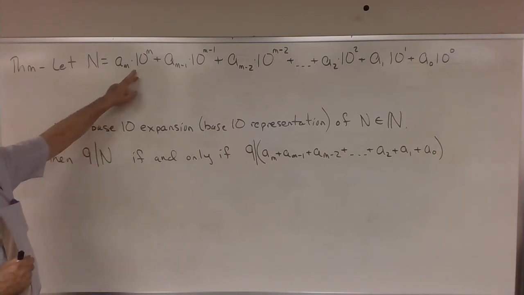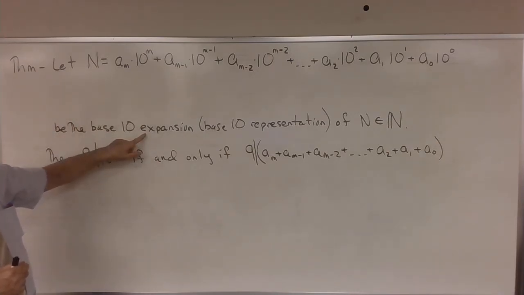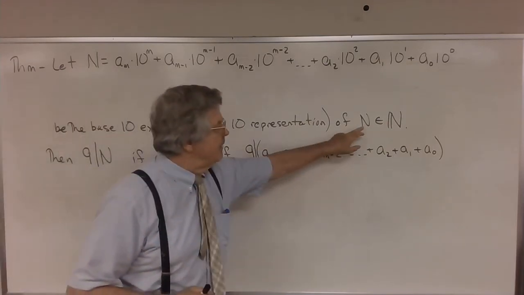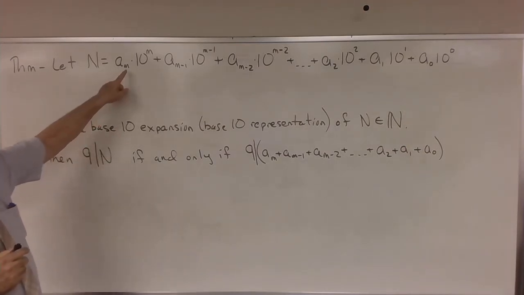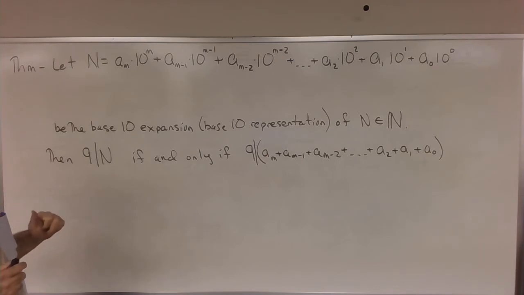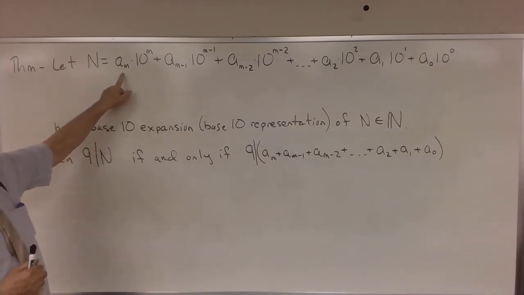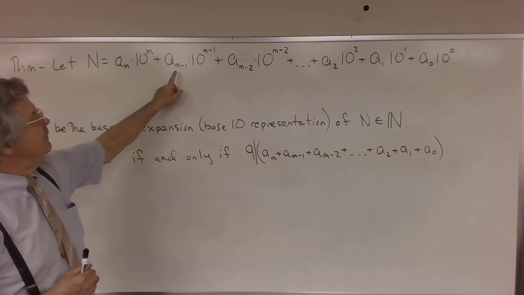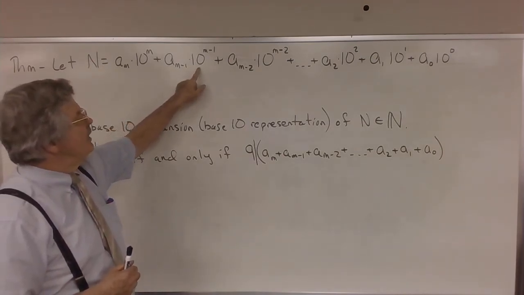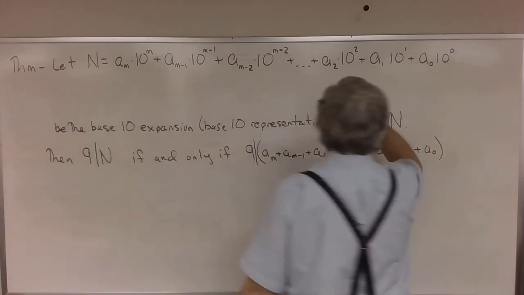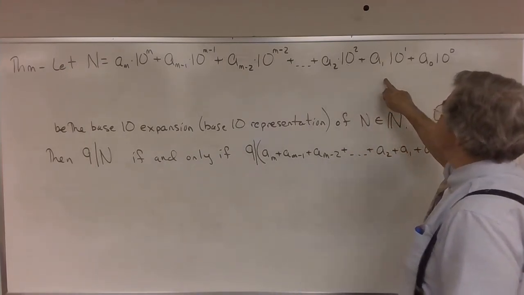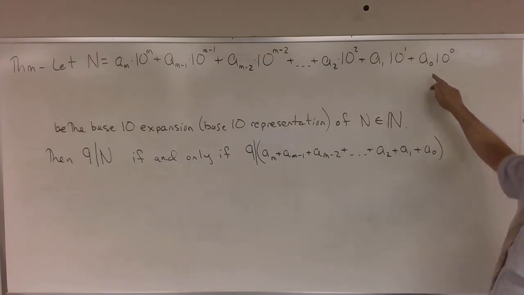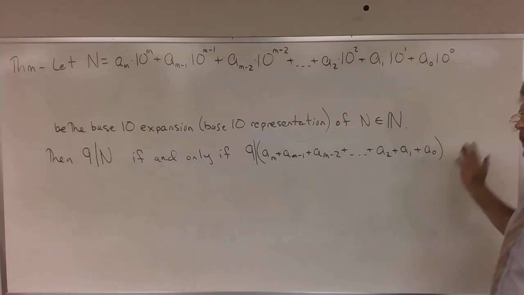And this is the base 10 expansion of capital N. Now, notice that what we have really are just each of the place value digits of N. a sub m times 10 to the m, a sub m minus 1 times 10 to the m minus 1, and so forth, plus a sub 2 times 10 to the second, a sub 1 times 10 to the first, a sub 0 times 10 to the 0. Well, what is this really saying?